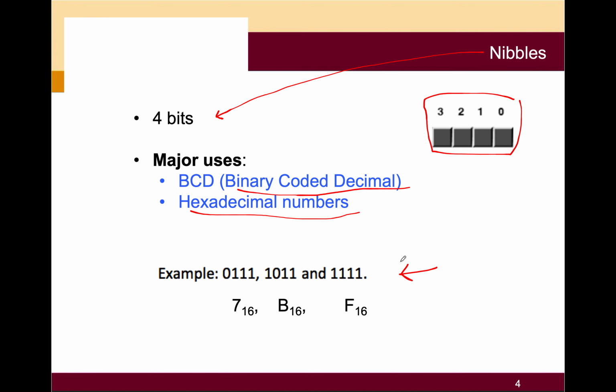These are examples of binary coded decimals and hexadecimal numbers. Quite simple, you just need to know where you apply nibbles in coding and numbering systems.